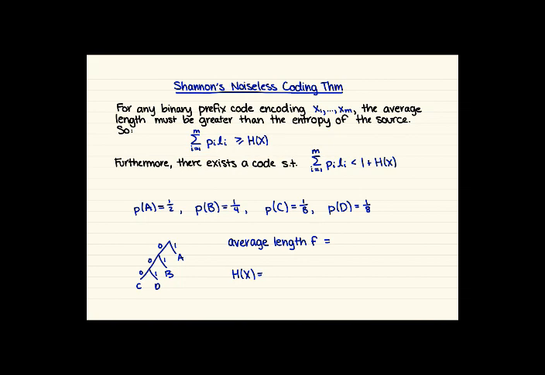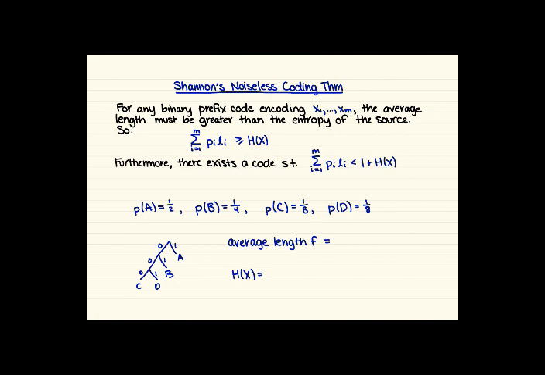So in addition to saying that this average length is at least as big as the entropy, we also know by this theorem that there exists a code such that the average length is less than 1 plus the entropy. So this means that we can get really close to that bound. We can get within 1 of that bound, and there will be some code that gets that close to that bound given by the entropy.